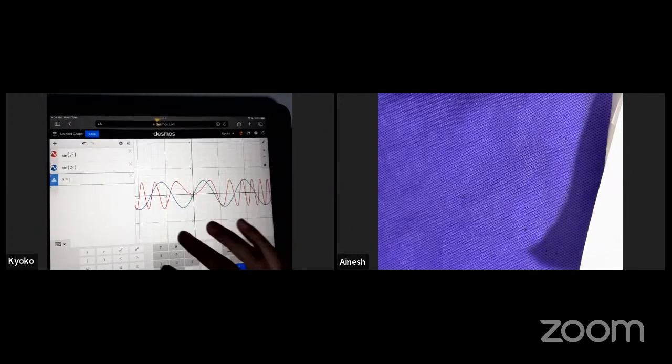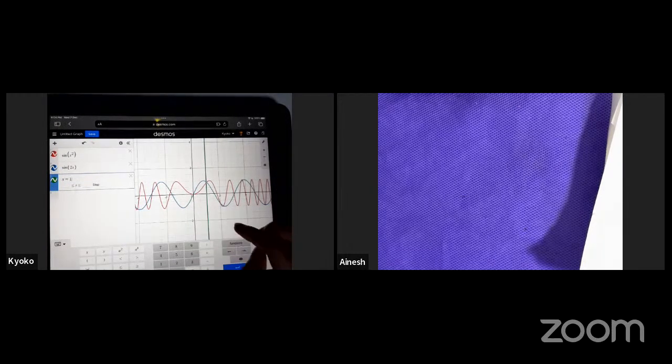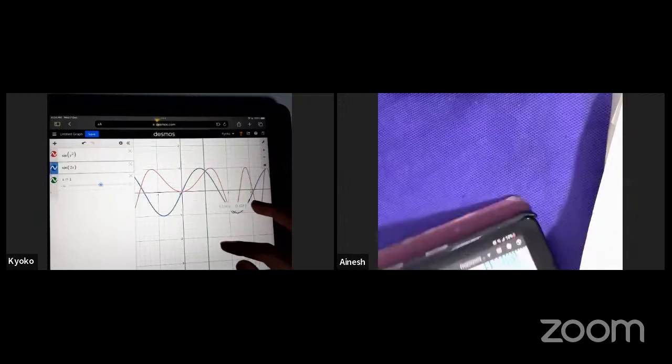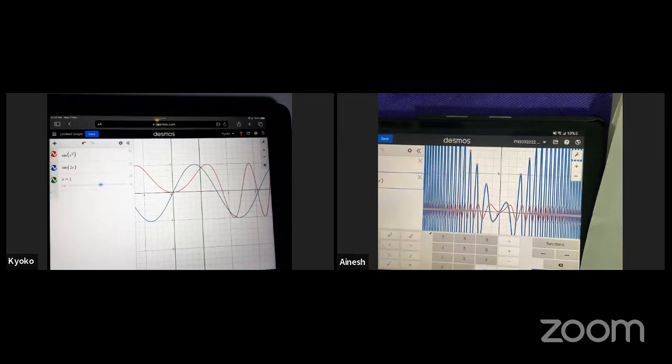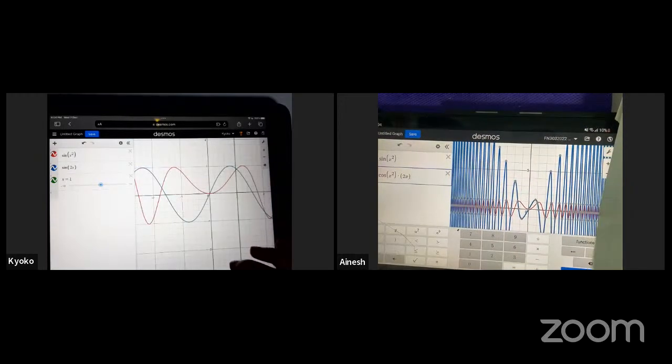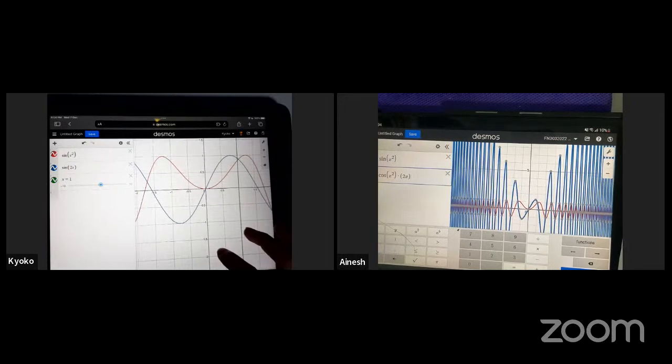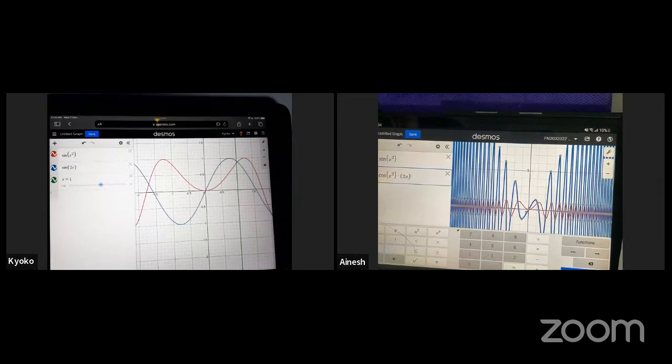The first graph is fine though. I think the second graph, I cannot see your graph. Go to the left. Go to the left. I don't think you did anything wrong. Why is it so weird?